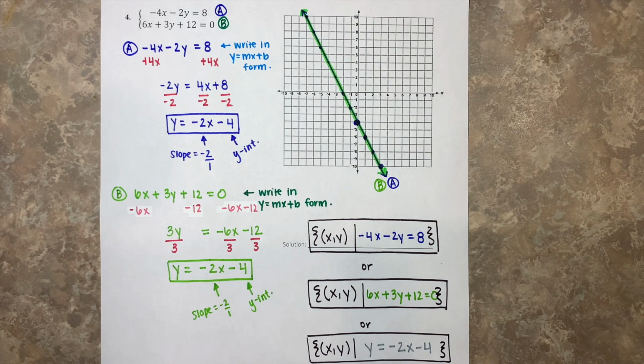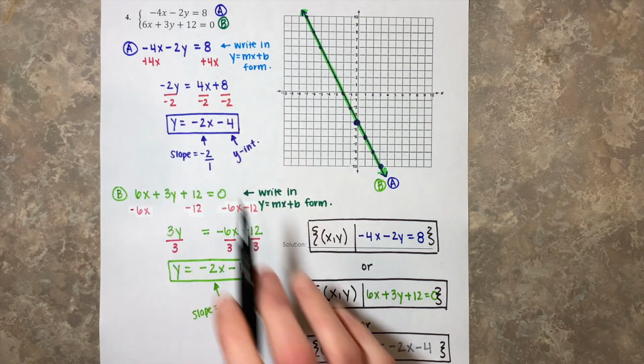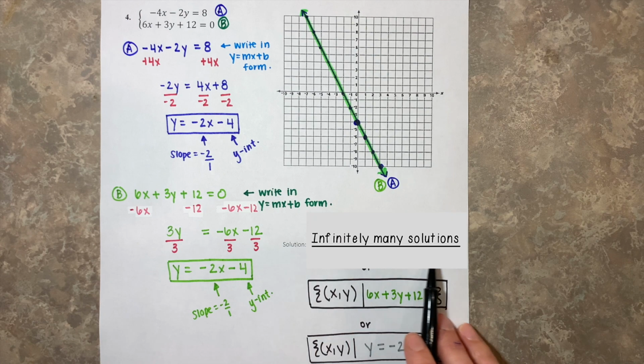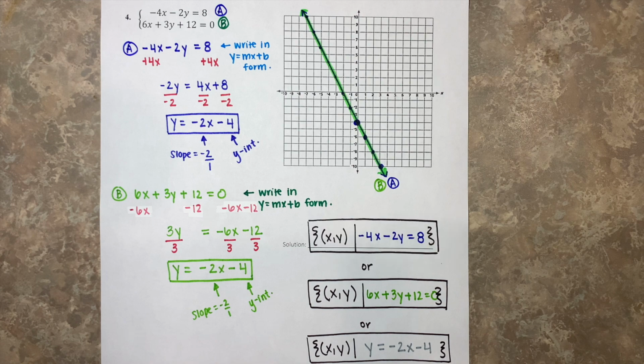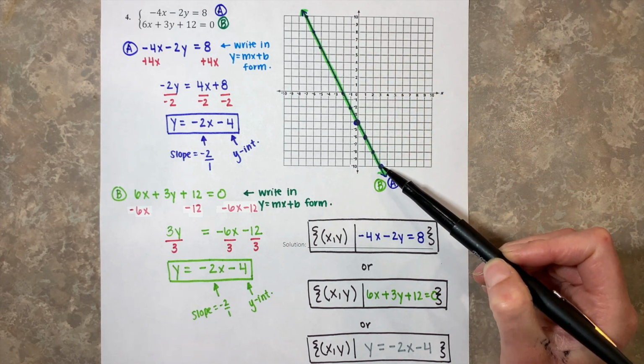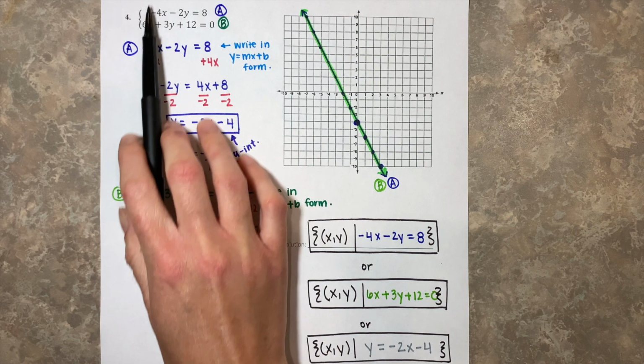Now, for this type of problem, why do we write our answer in this form? A very common mistake is that for problems like this, for their final solution, students will write the words infinitely many solutions. But that answer is not correct, because while there are infinitely many points along this line, we want to be careful to be very specific about our solution, because not any ordered pair is a solution to this system.